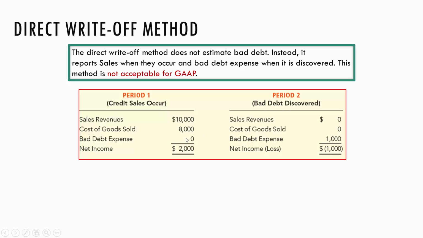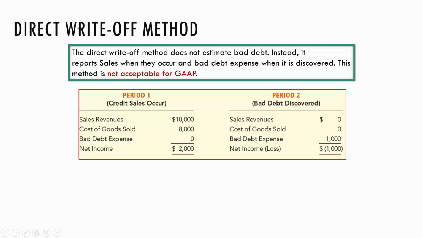So it's not GAAP. However, if the credit sales numbers are very, very small, then that means if we used the allowance method and recorded bad debt expense, it would also be a very small number. For example, we had 0.75% in our problems. 0.75% of a very small number would be a very, very small number, and therefore it would not be significantly different from 0, right?